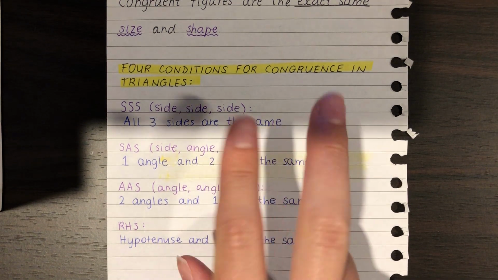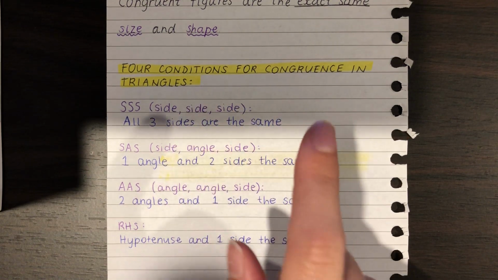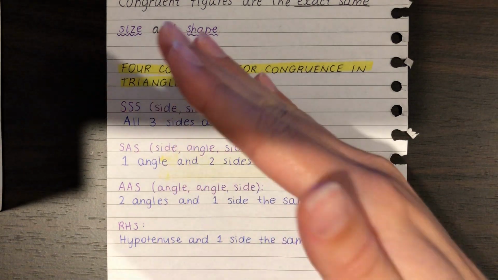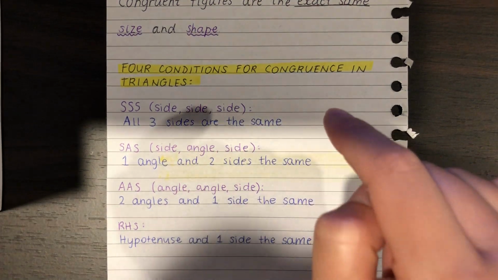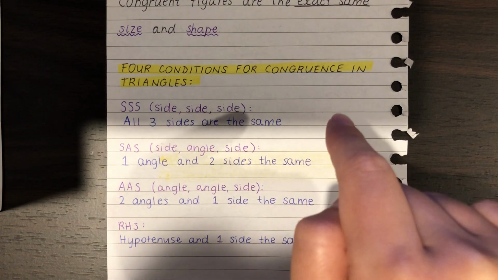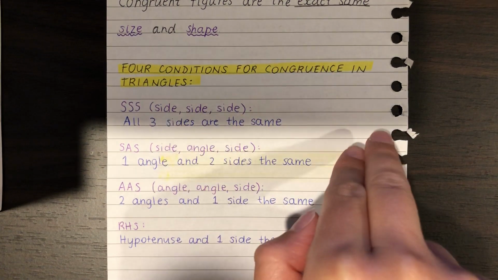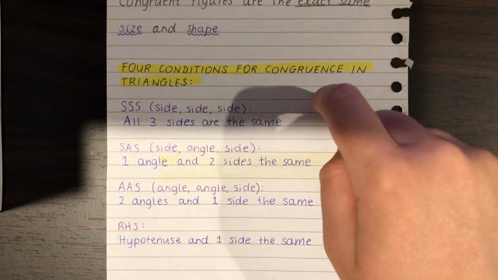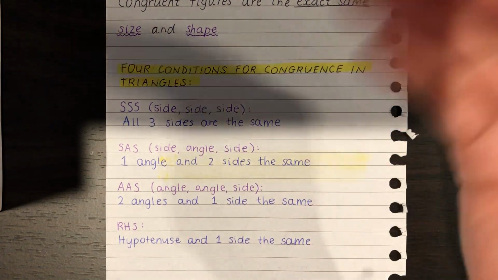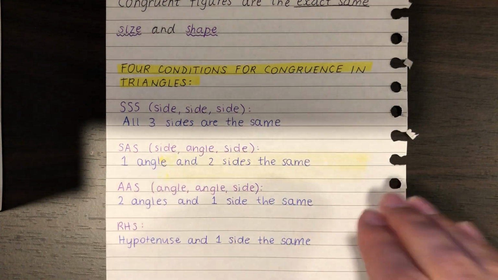You need to make sure that between 2 right-angled triangles, the hypotenuse, which is the slant side and the longest side in the triangle, and one other side in the triangle are the same between both triangles. So if you have 2 right-angled triangles, both hypotenuses are the same length, and then one other side as well is the same between the both.